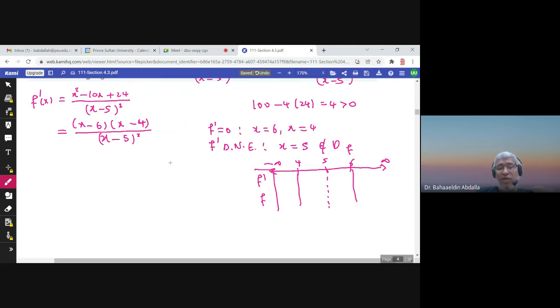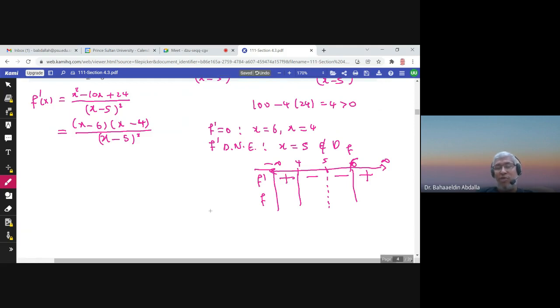Well, you can do it quickly. Either you take a number greater than 6, for example 7. 7 minus 4 is positive, 7 minus 6 is positive, so it's positive here. And now 6 is a zero of multiplicity 1, so it would be negative here. 5 is a zero of multiplicity 2, so the sign will not change. 4 is a zero of multiplicity 1, so the sign would be positive here.